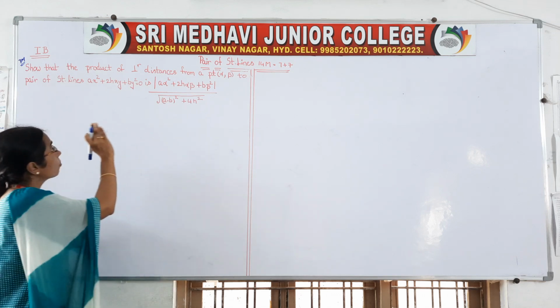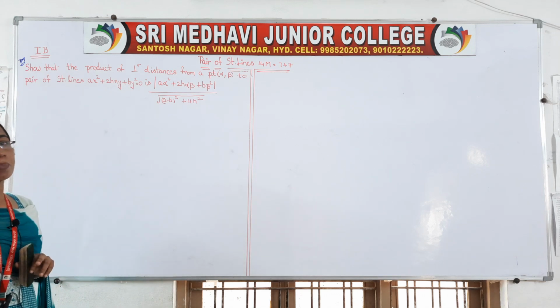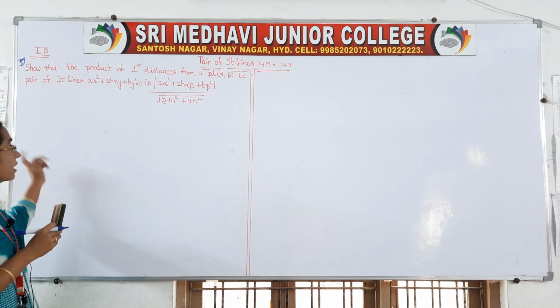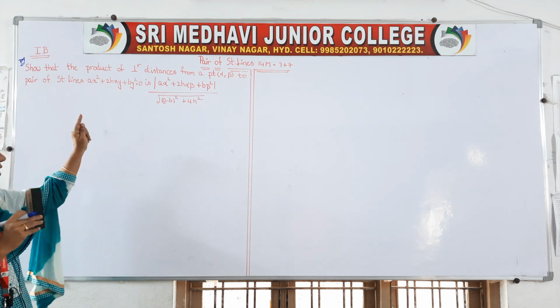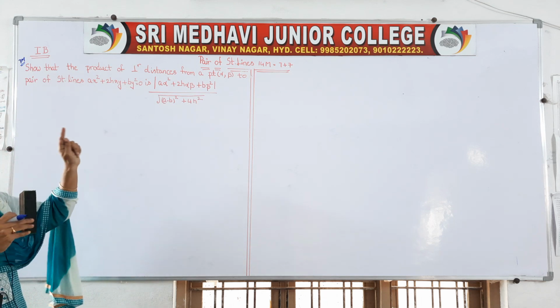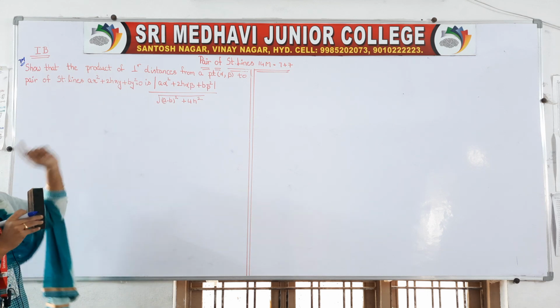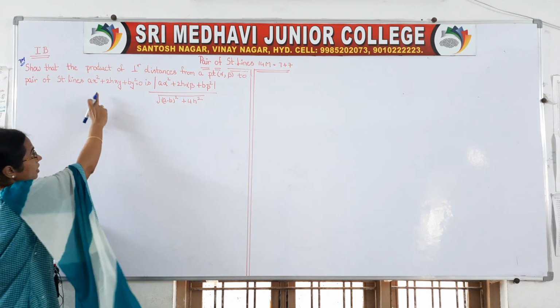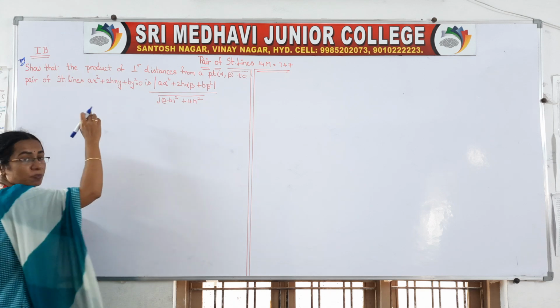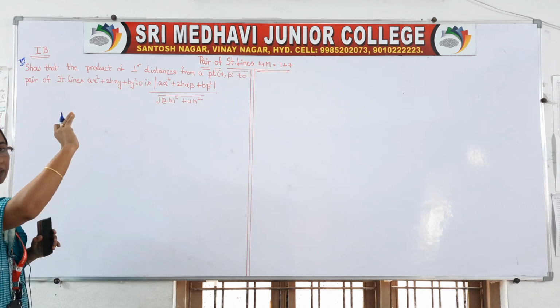Product means multiplication. Read the question once again. Show that the product of perpendicular distances from a point to the straight lines. So this is a combination of two straight lines, a pair of straight lines. You know it very well, isn't it?